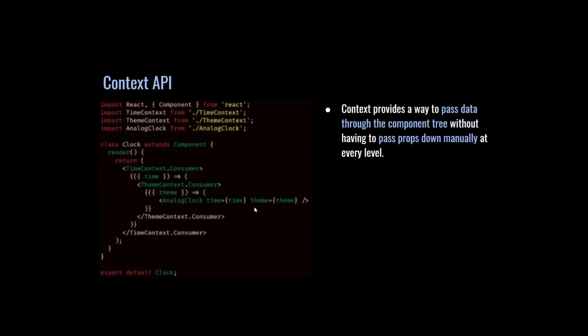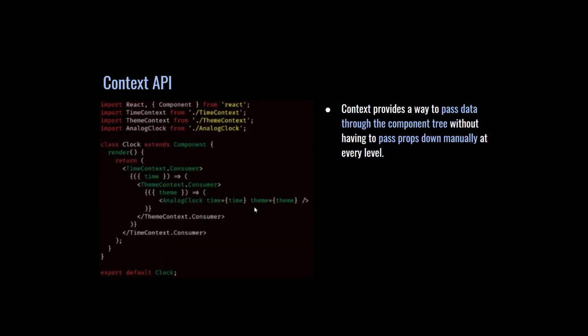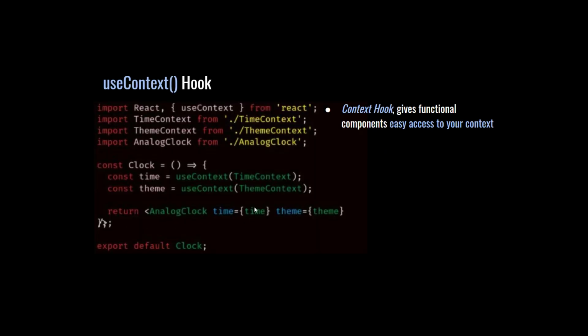So already, if you look at that, you can see right there, it gives functional components an easy way, again, to access your context. So now we have a functional component that has the context API in it. We're not wrapping it in this crazy mechanism with class components. We are using this useContext.